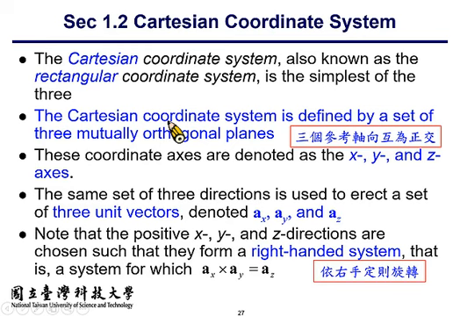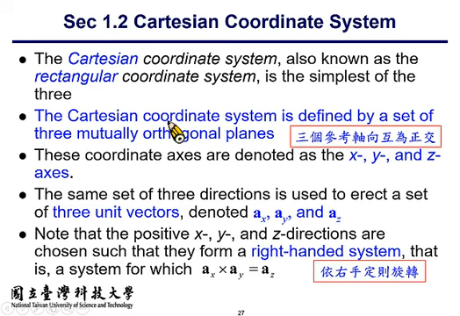And as I already mentioned last week, the 3 reference directions are determined by the so-called right-hand square rule. So the order x, y, z also determines that if you take the cross product of ax and ay, you will end up with the positive az direction.